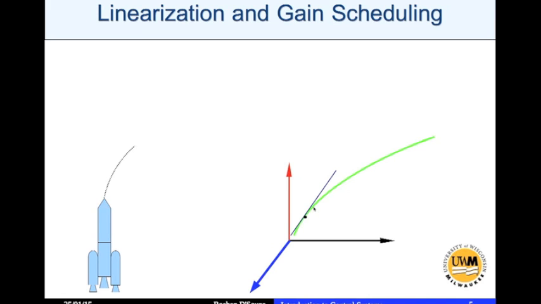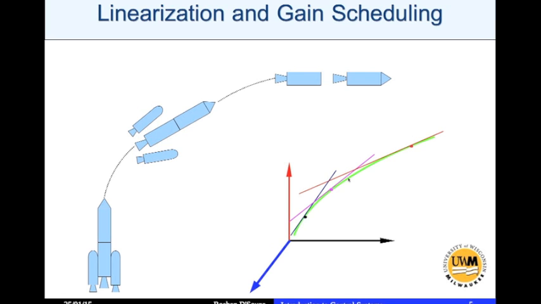As the rocket goes up, let's say these two boosters go off, the operating point changes. Now we are at this operating point. Again, you find the linear model, the magenta line. You go further, you drop another stage, and then you end up with this red operating point. So over the life of this launch, you have say 3 operating points.